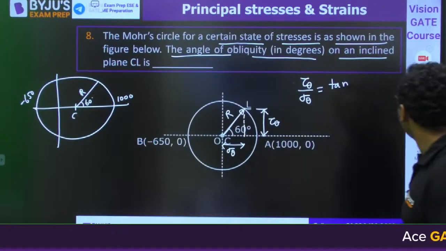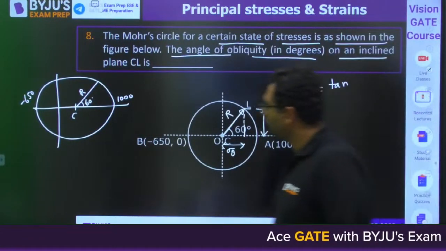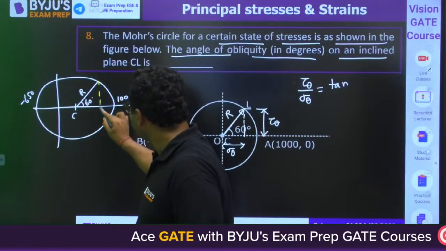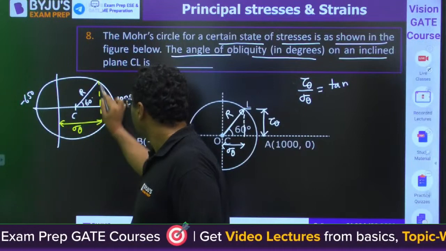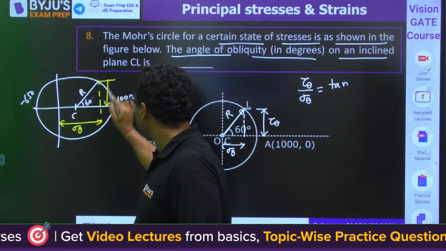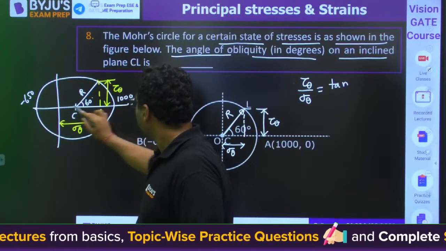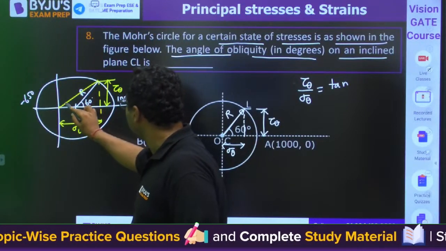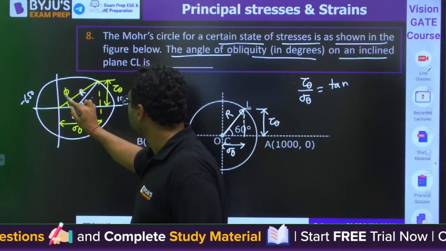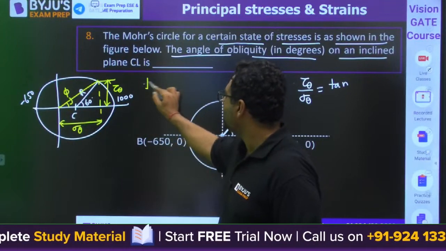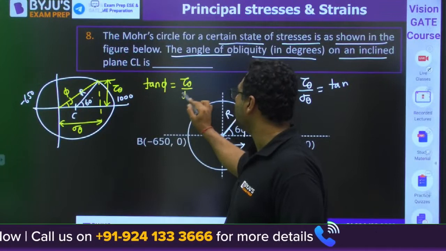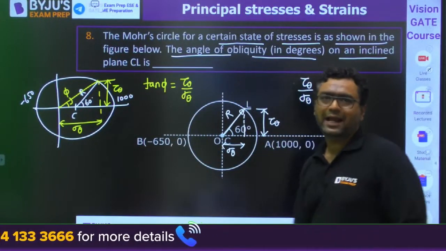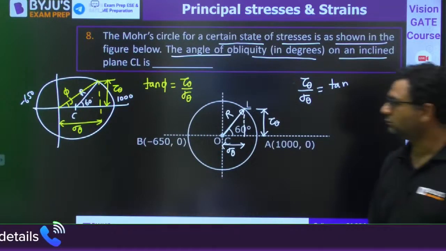When we are talking about angle of obliquity, this distance will be sigma theta. This distance will be tau theta. And this will be the angle of obliquity. So tangent phi will be tau theta by sigma theta. That you need to find out, guys.